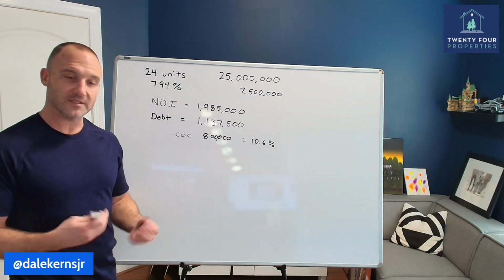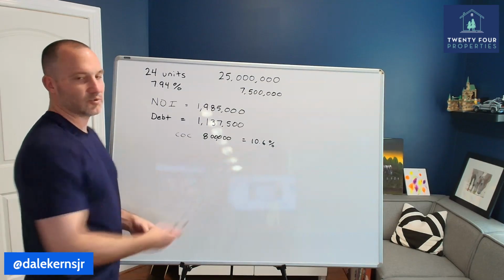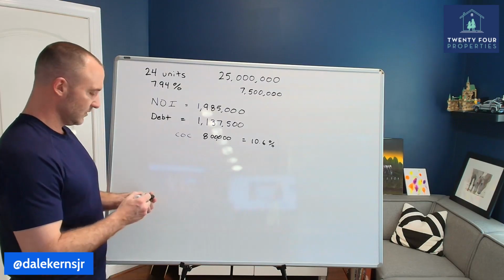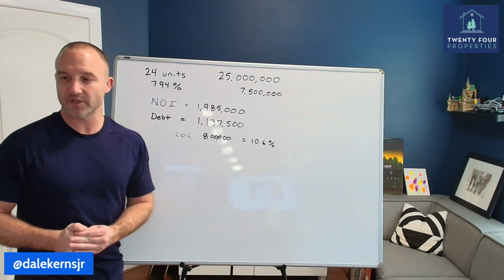If it's below it, that's not to say it's not a good deal, but the cash on cash may be lower. So this isn't a bad deal on paper. We just have to get more in depth on it.